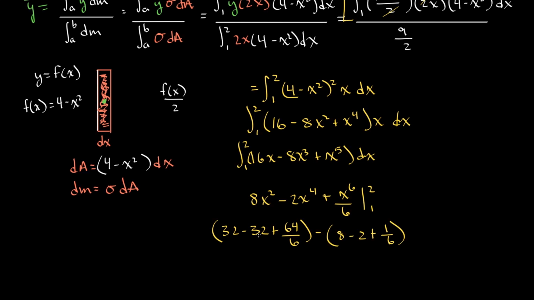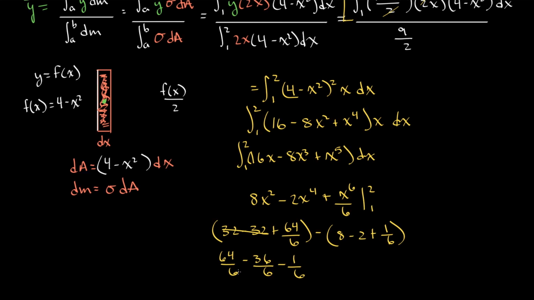All right. So this is going to cancel, and we're going to have what looks like a common denominator of 6. So this is going to be 64 sixths, and then this is minus 6, so this is minus 36 sixths, and then we have minus 1 sixth. So that's minus 6 there.